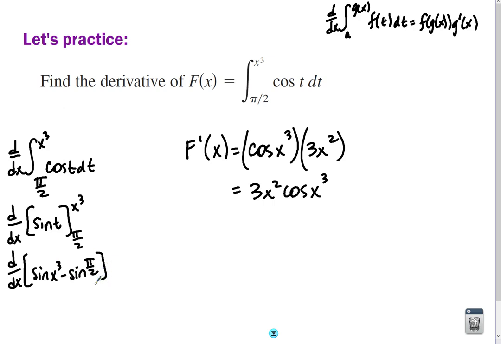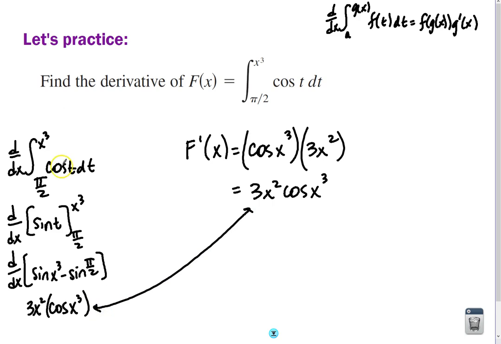So take the derivative. I have to use the chain rule here, so the derivative of the inside is 3x squared times the derivative of the outside, so cosine of x cubed. Sine of pi over 2 is just 1, so the derivative of 1 is just 0. So I'm left with 3x squared cosine of x cubed, which is the same thing that I had up there.